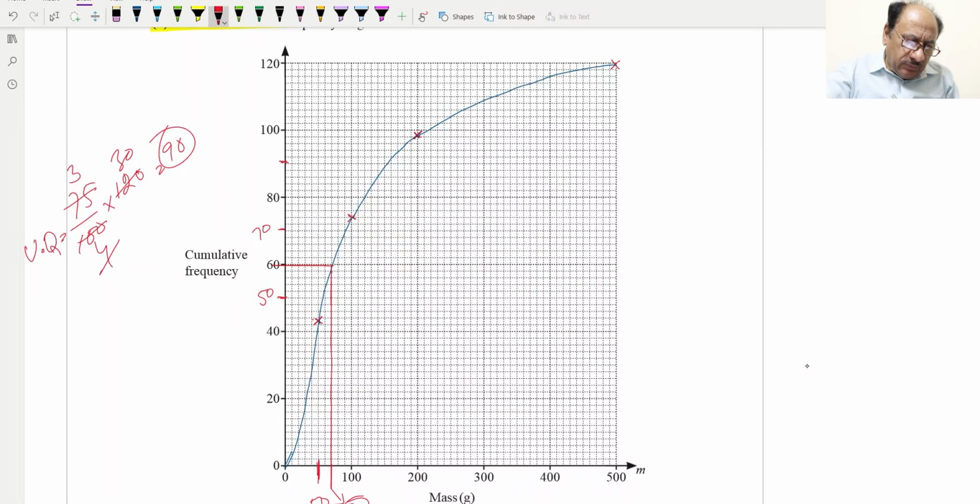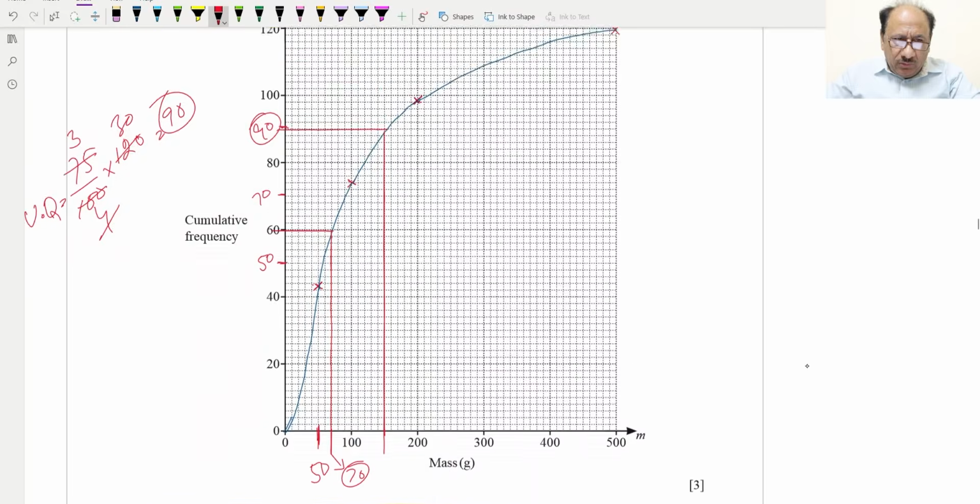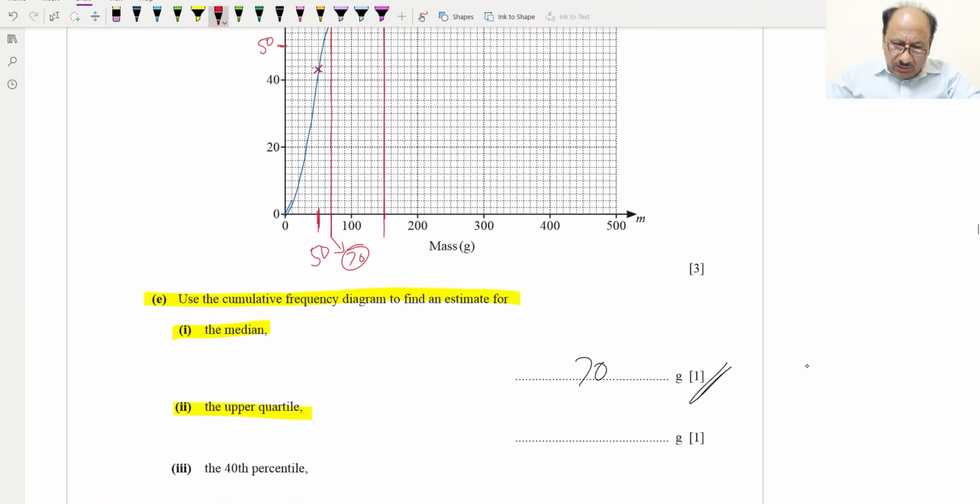So this point will be the 90 reference, and from here we can check from the graph. This reference is like this, and this value is basically 112, we can say roughly. So 112 will be our answer for this part.